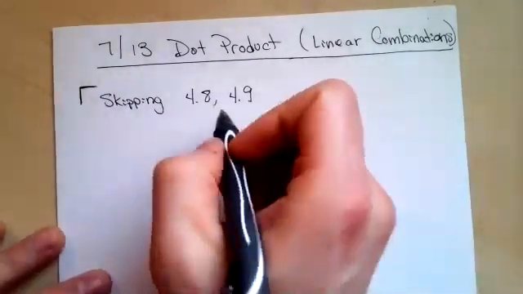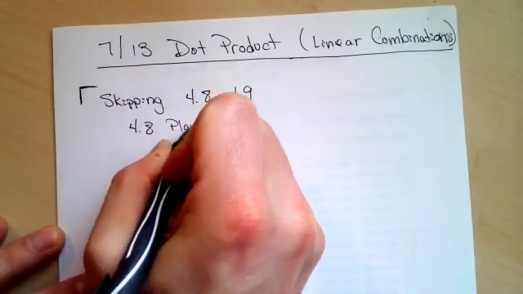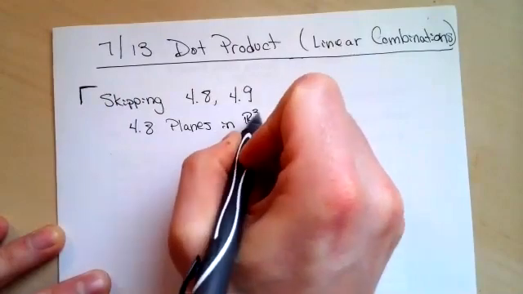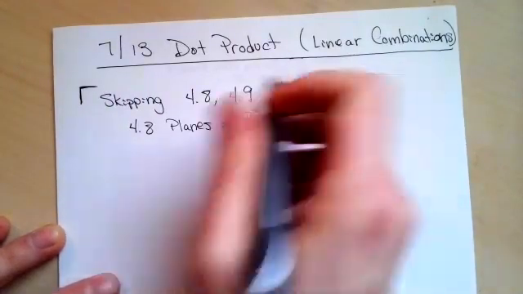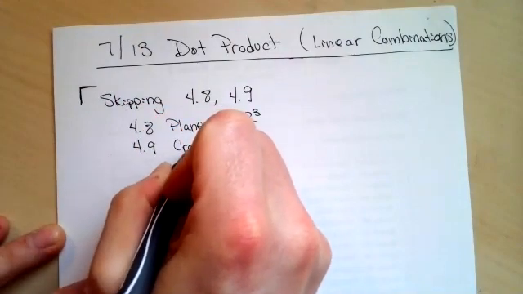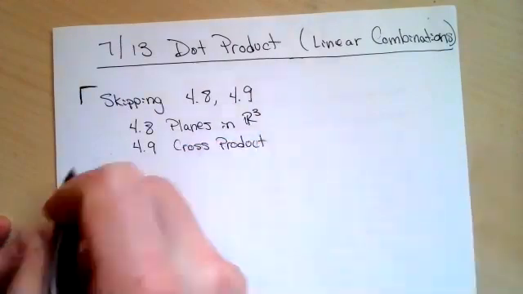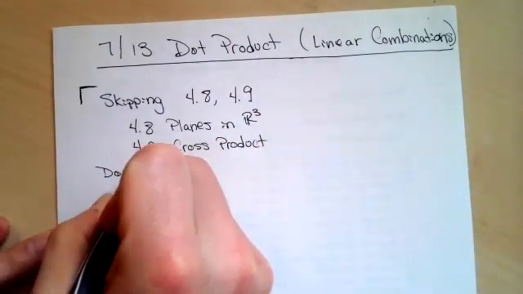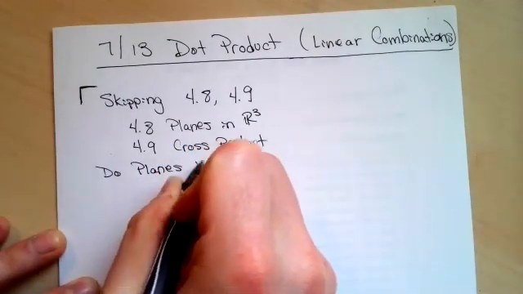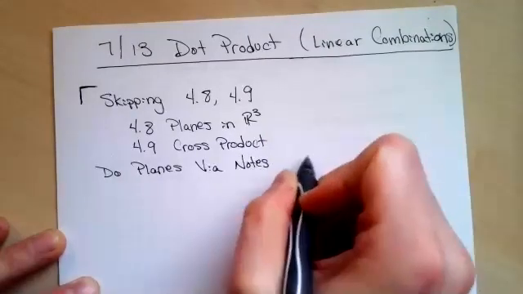They call it 4.8 planes in Rn, but it's really planes in R3. And 4.9 is the cross product. So do planes via the notes from yesterday.